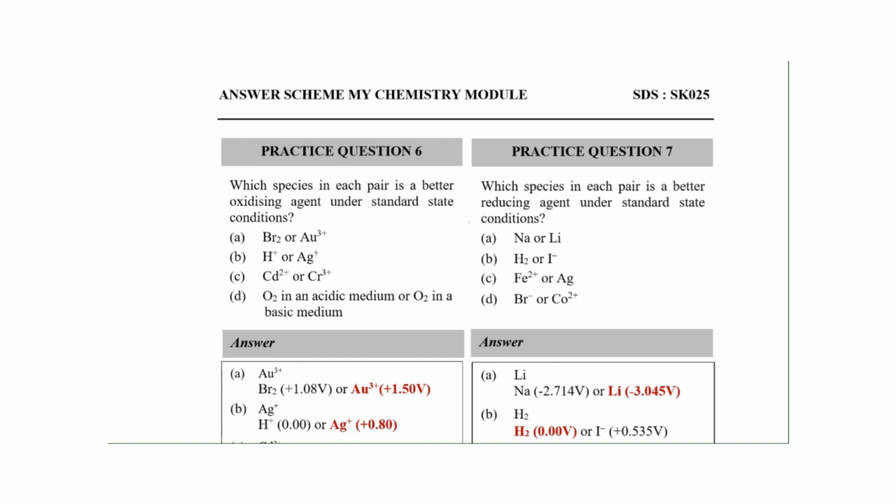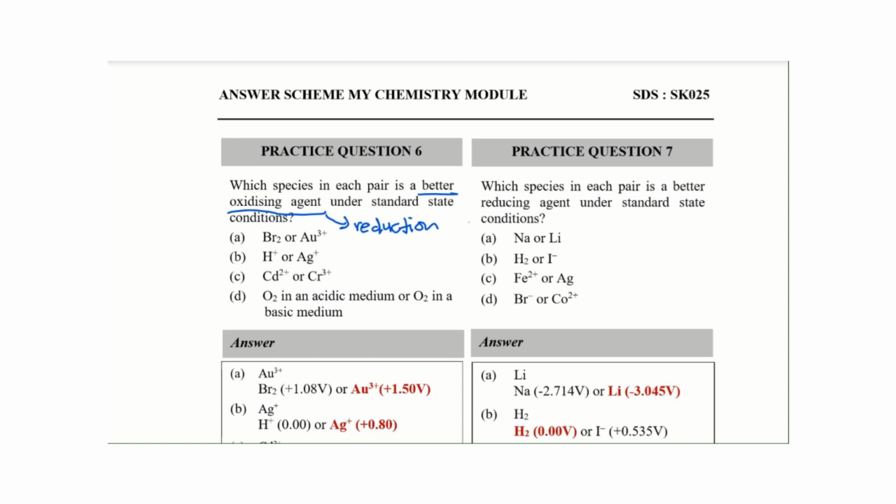Practice question 6. Which species in each pair is a better oxidizing agent under standard state conditions? So a better oxidizing agent means the substance undergoes reduction. Okay, so to solve this problem, we have to use the standard reduction potential table to get the E naught value for each substance.